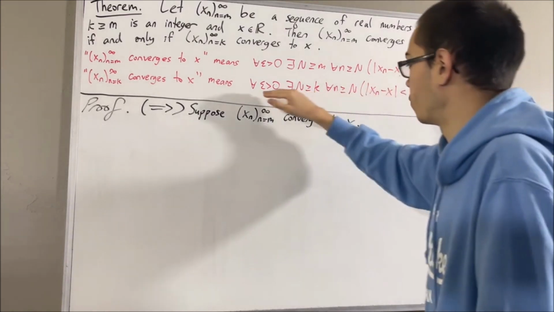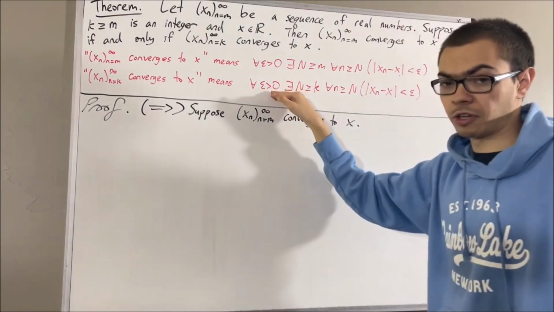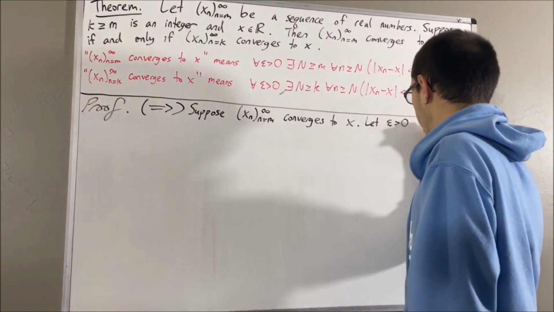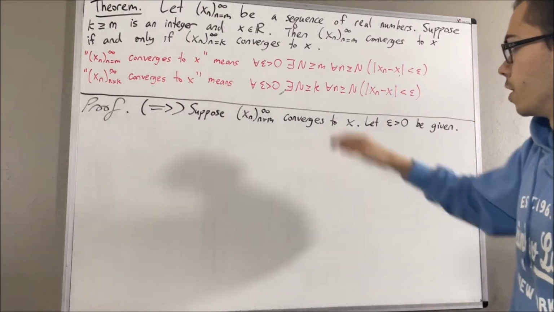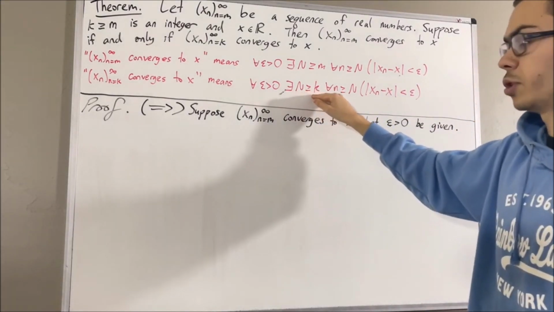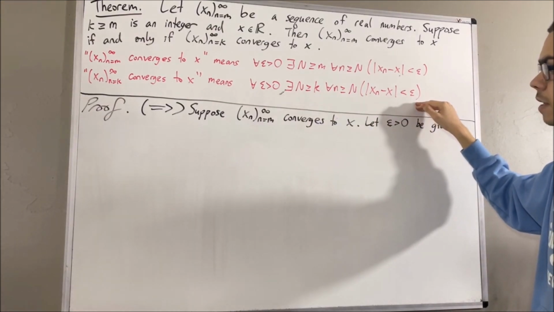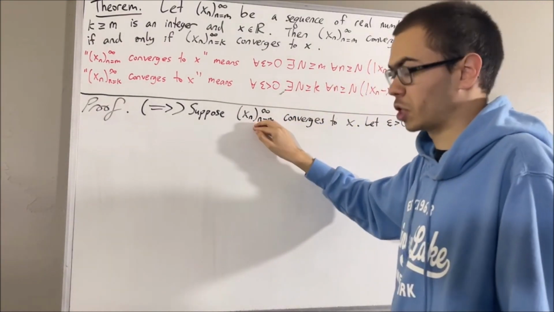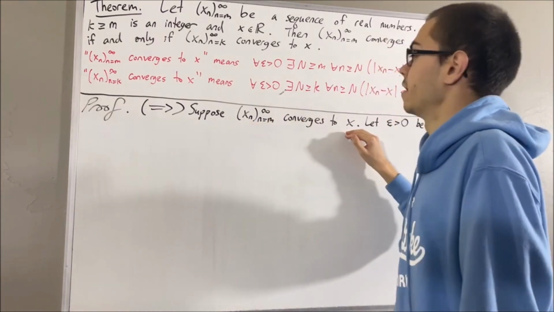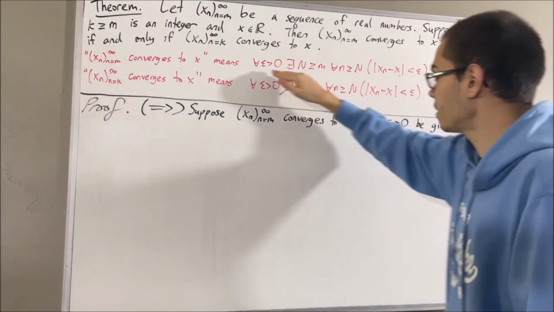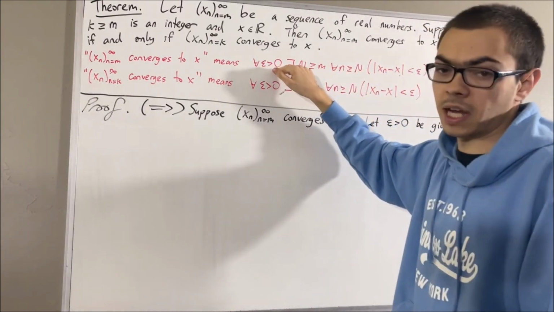And since we're trying to prove a statement about every epsilon greater than 0, let's give ourselves an arbitrary epsilon greater than 0. The whole goal is to find an integer greater than or equal to k such that this is true. Now, since we know that the sequence with starting index m converges to x, we are given that this first statement is true. And this first statement works for every positive real number.